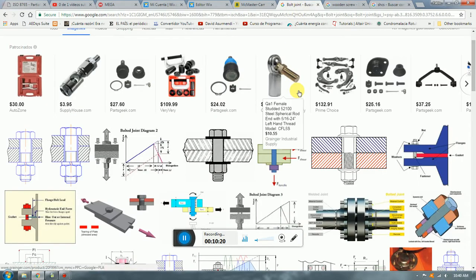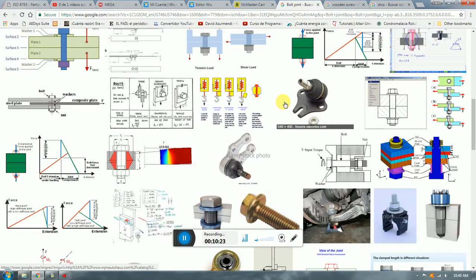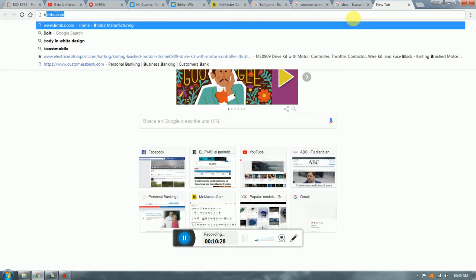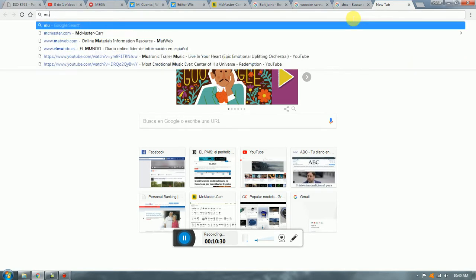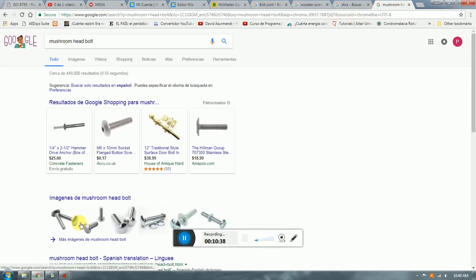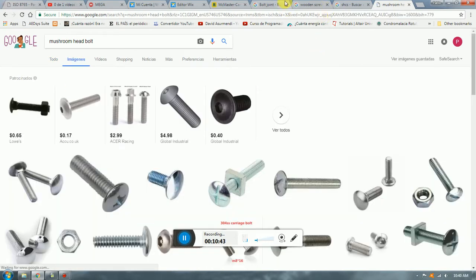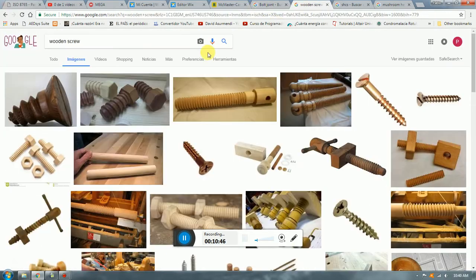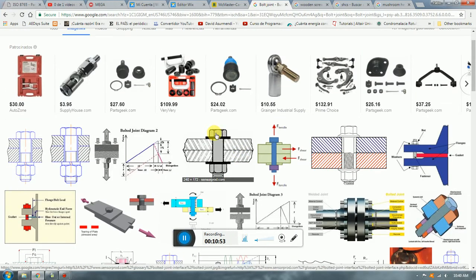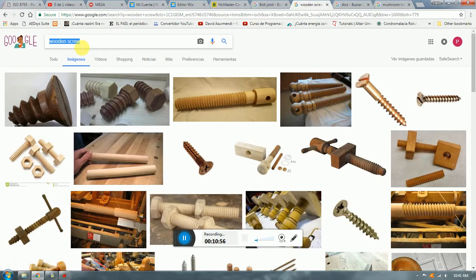For example, you're going to get some designs like a mushroom head bolt, this type, which has a slightly different head. However, there are some types that are very similar. So this is a bolt, as we can see. This is a type of bolt, and this is a screw.